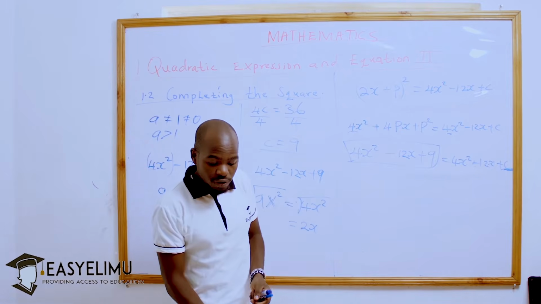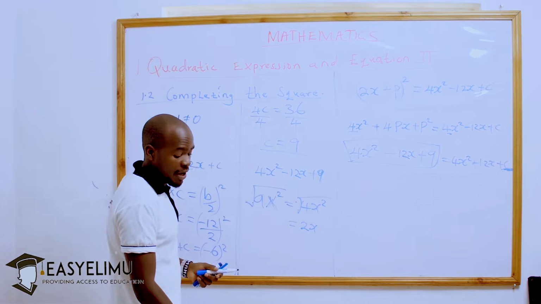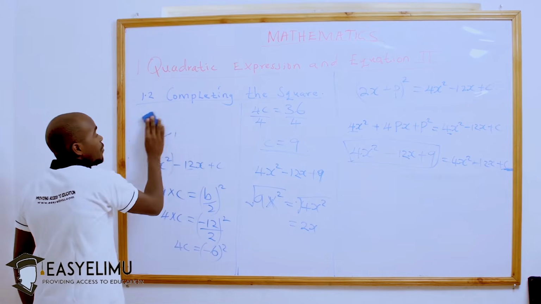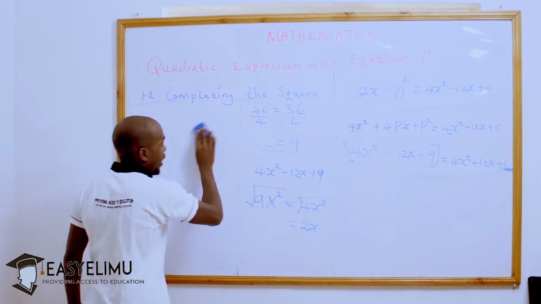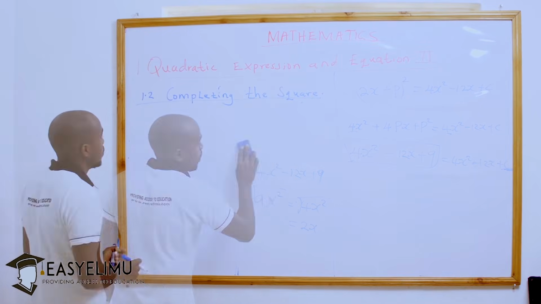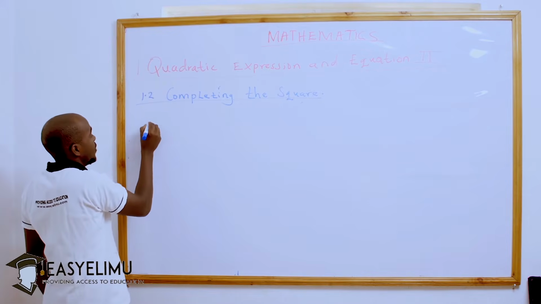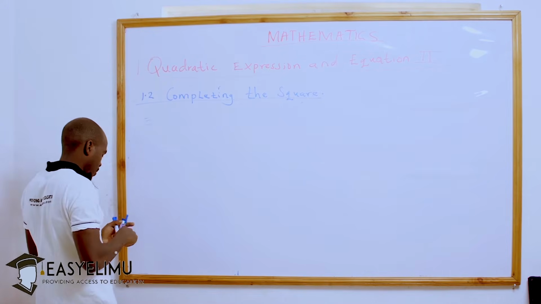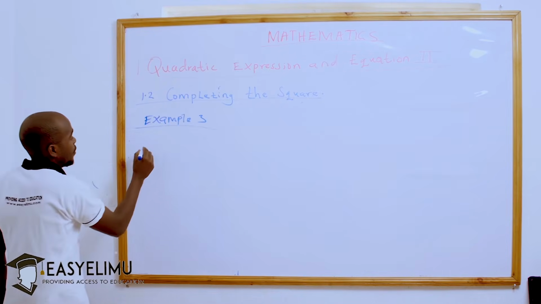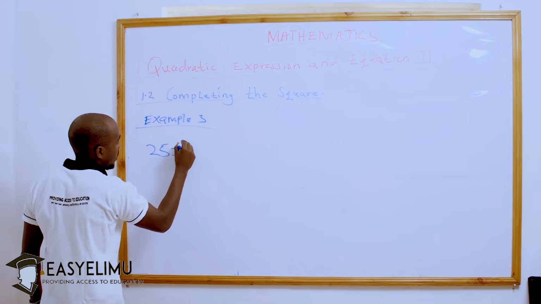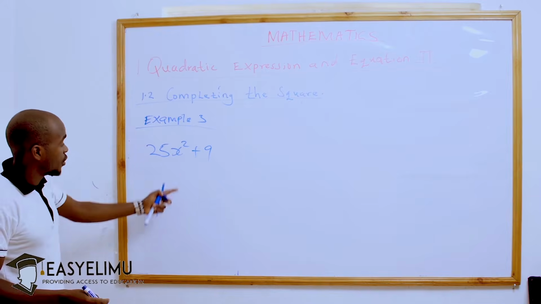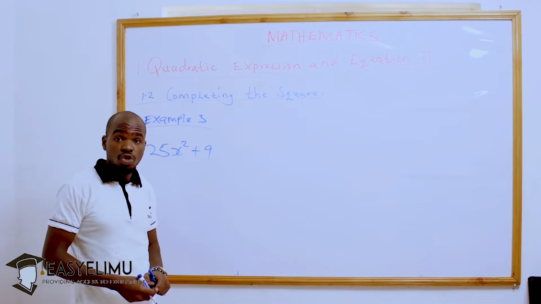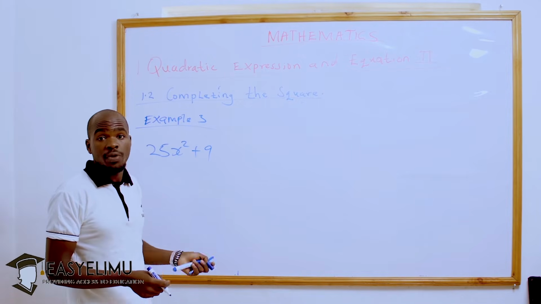Now, we can use another method with which we can find the value of b, having been given c and a. For example, this is my example 3. Having been given, for example, 25x squared plus 9, you have been told to solve the quadratic expression using the completing the square method.